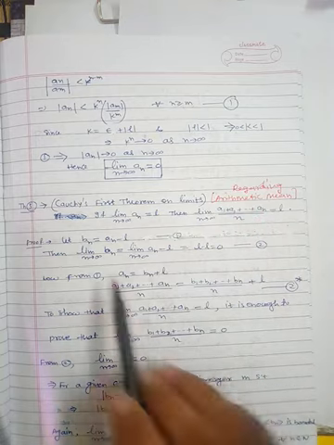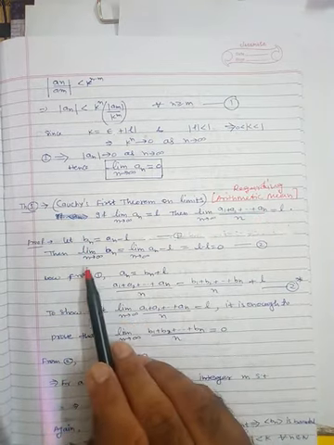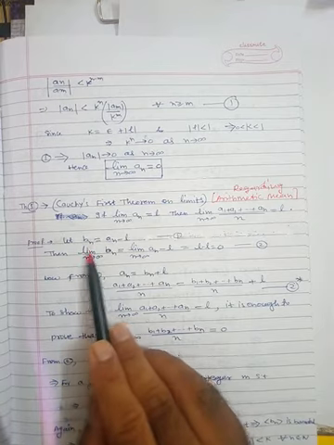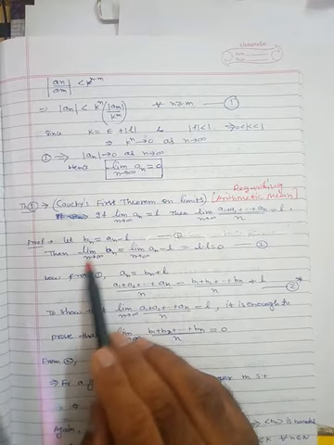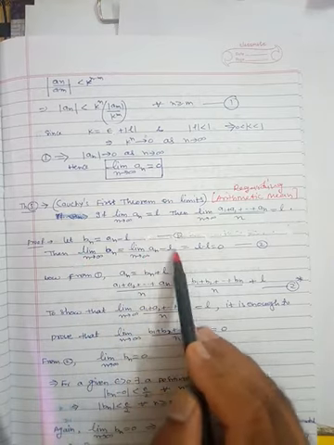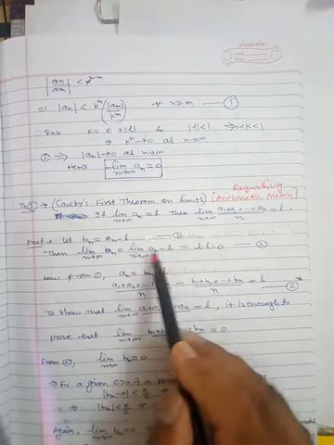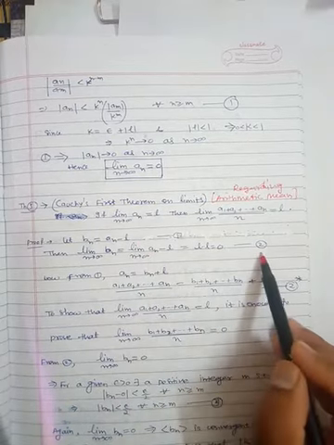To prove this, we construct a sequence with the help of an, the sequence bn equals an minus L. Now find the limit. The limit as n tends to infinity of bn equals the limit of an minus L, because L is a constant, but the limit of an is already given to be L, so L minus L is 0. Fine.